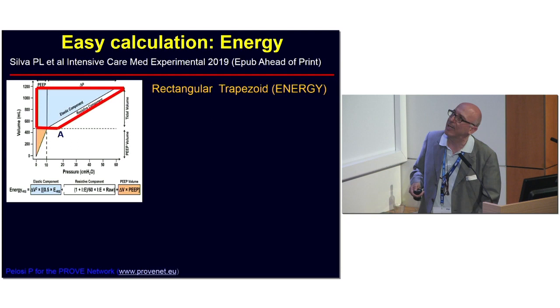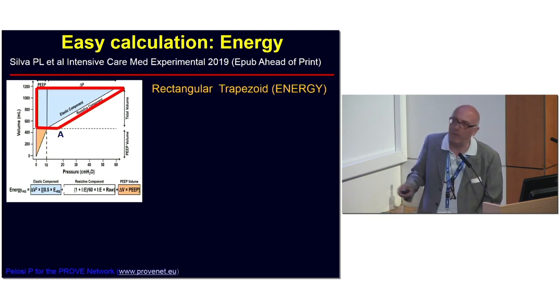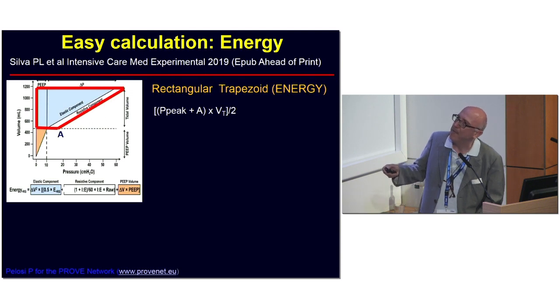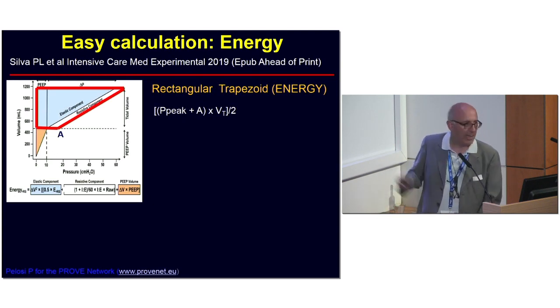So the area is a rectangular trapezoid, and as you know from high school, the area is the major base, so the peak pressure, plus the minor base, which is the PEEP plus the resistive component, times the tidal volume, which is the height, divided by 2.